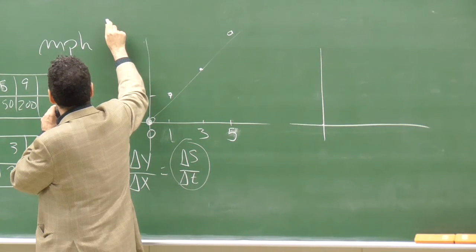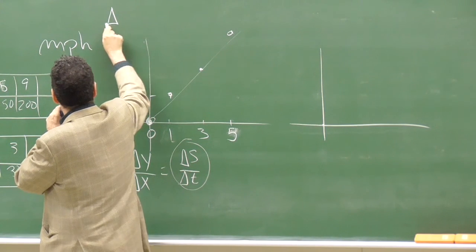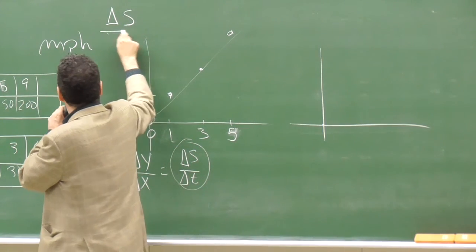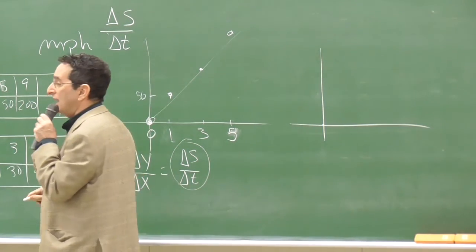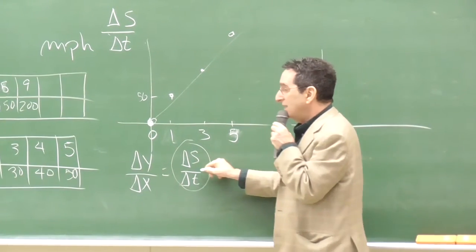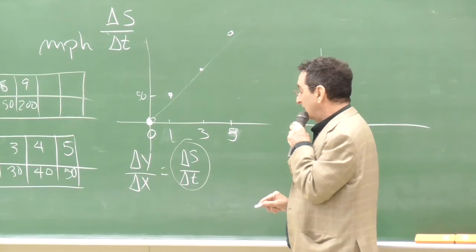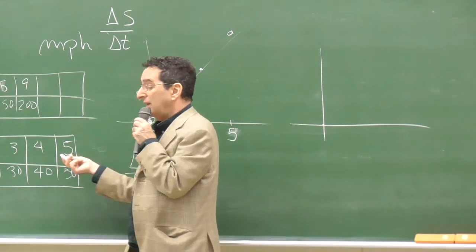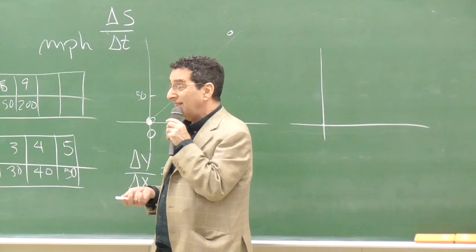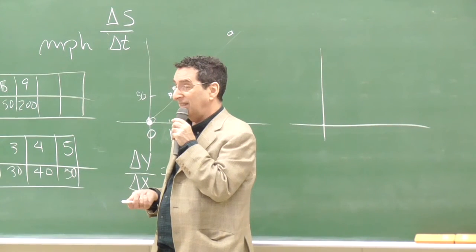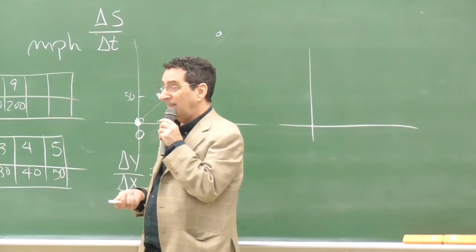So that means the change in the number of miles, a change in the distance over a change in time, right? That's velocity. So this is velocity. So when we talk about the average rate of change, specifically time and distance, then average rate of change means average velocity, right?